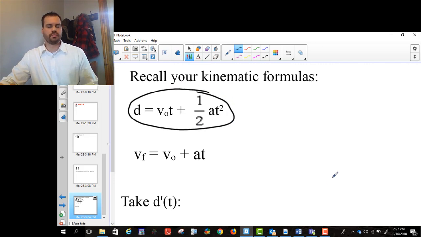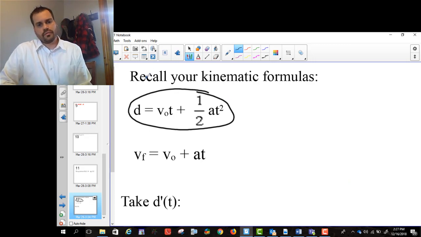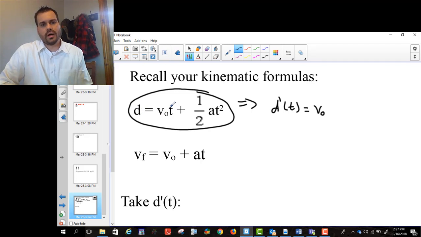which you probably derived in physics class, if you take the derivative of that, if you take d prime with respect to t, then v0t just becomes v0 because the derivative of t is 1, and v0 is considered to be a constant. And the 1/2 a stays in front because we're treating that as a constant, but the derivative of t squared is 2t.